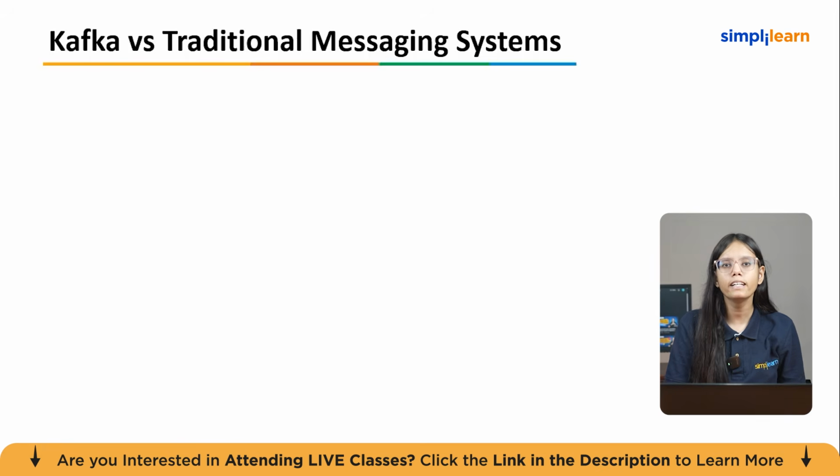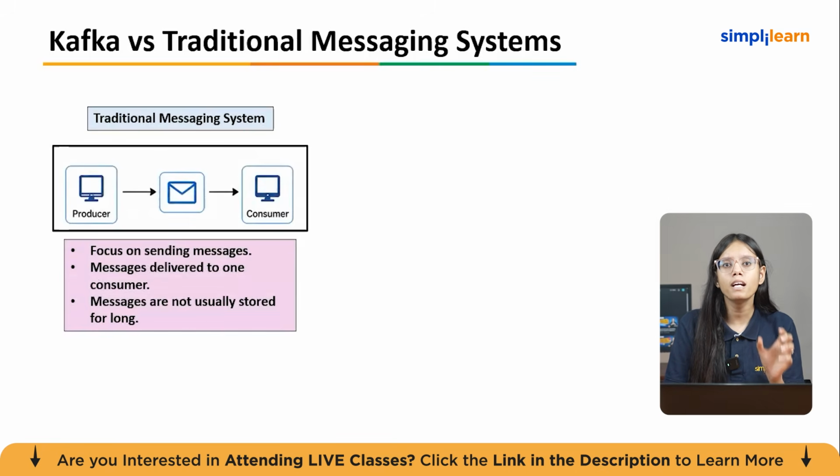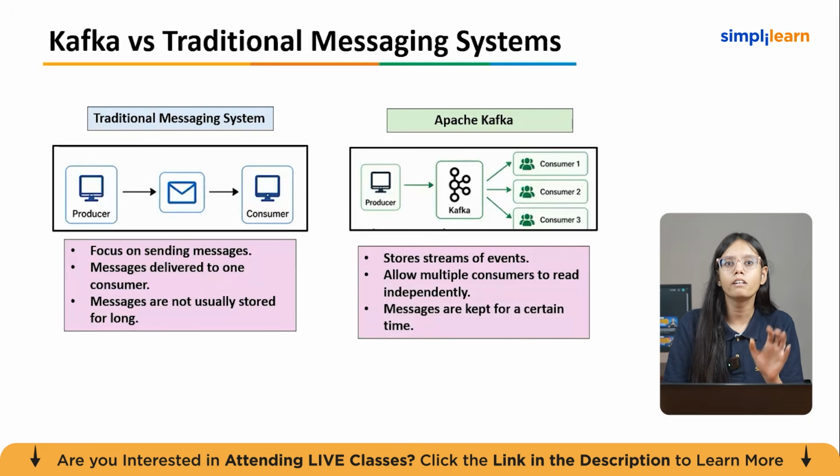Now you might be thinking, is Kafka just a messaging system? So, not exactly. A traditional messaging system usually focuses on sending messages from one application to another, while Kafka is different because it stores streams of events and allows multiple consumers to read those events independently.